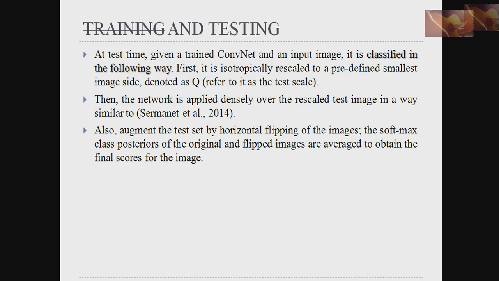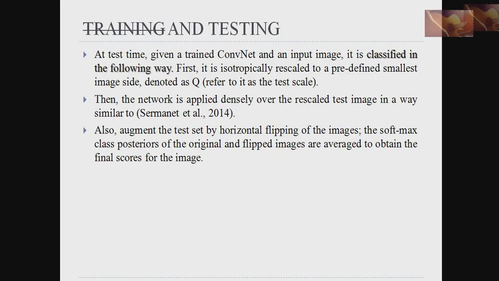The result is a class score map, with number of channels equal to the number of classes and a variable spatial resolution dependent on the input image size. Finally, to obtain a fixed-size vector of class scores for the image, each class score is spatially averaged across the spatial resolution.